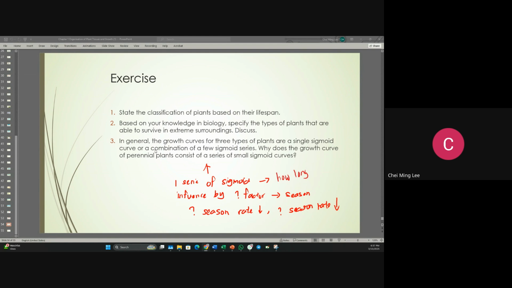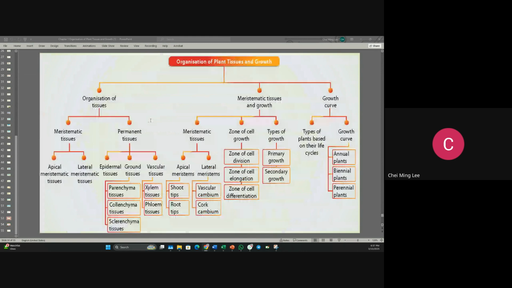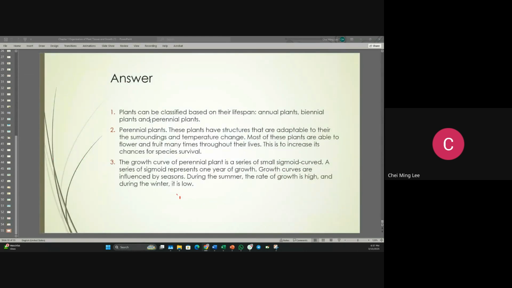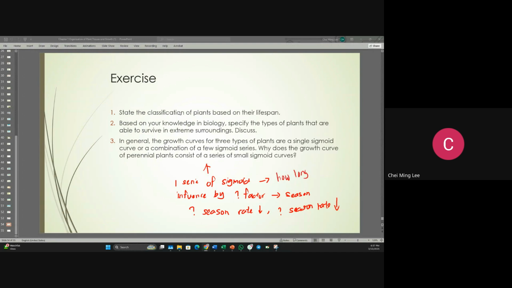Okay, so 我们来看一下答案哦。State the classification of plant based on their lifespan.